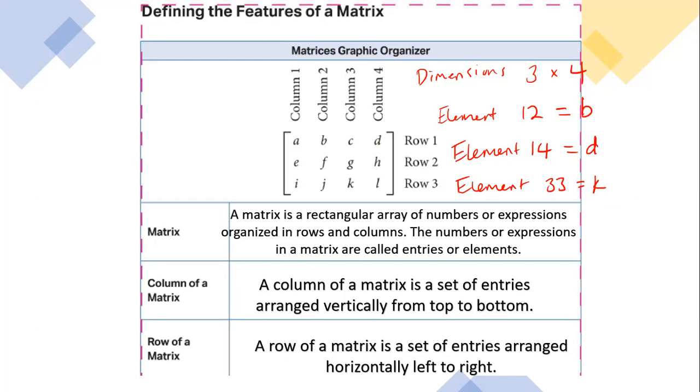Doable? All right, so on your exit ticket card, you're going to go through and identify the dimensions and any special characteristics of it. So what are the dimensions? And identifying if it has any special characteristics.